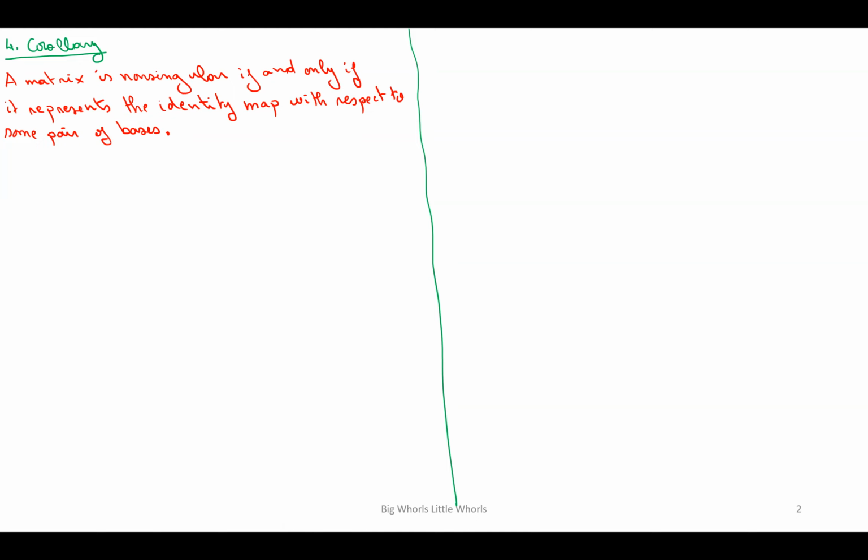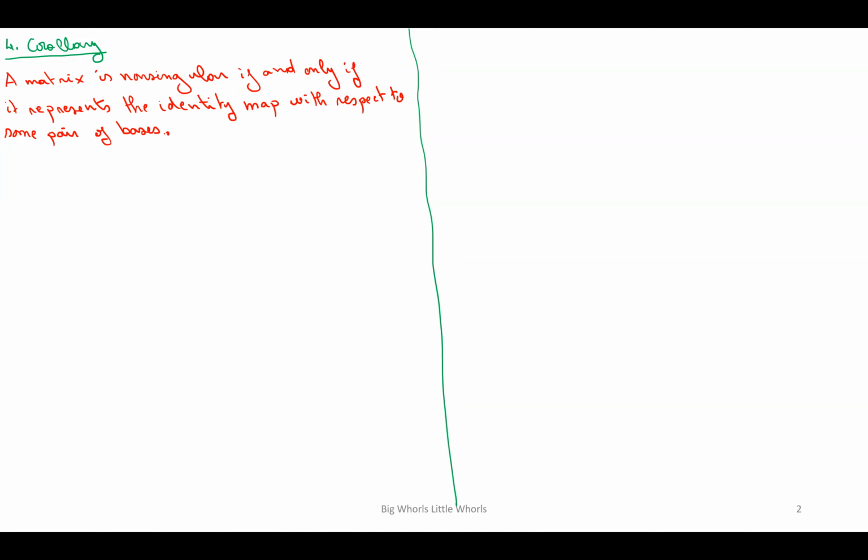Okay, so this is also a very interesting concept to look at. So basically the corollary is saying that a matrix is non-singular if and only if it represents the identity map with respect to some pair of bases. Okay, so you will be asking yourself, sometimes we are given matrices that do not look like an identity matrix.